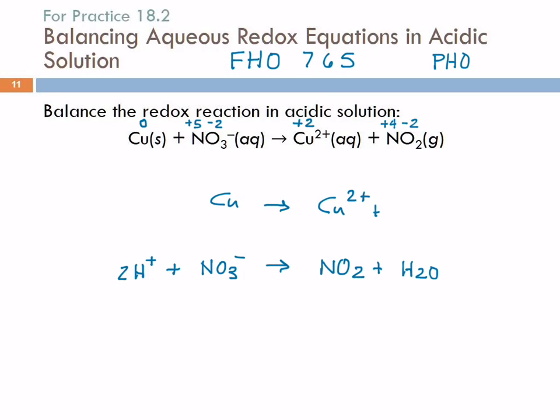So this one needs 2 electrons over here to make the charges balance. And the one on the bottom, the right side has a 0 charge, and the left side has a +1 charge. So we only need 1 electron down there. I'm balancing the total charge on the left side of the arrow has to equal the total charge on the right side of the arrow.